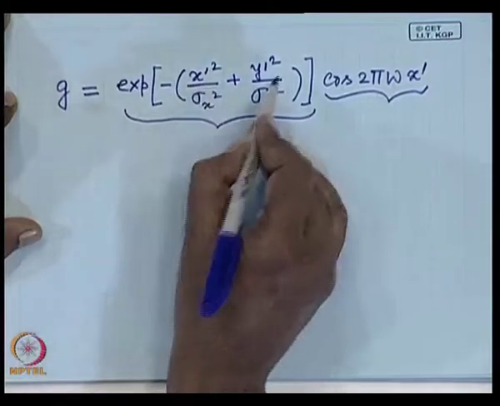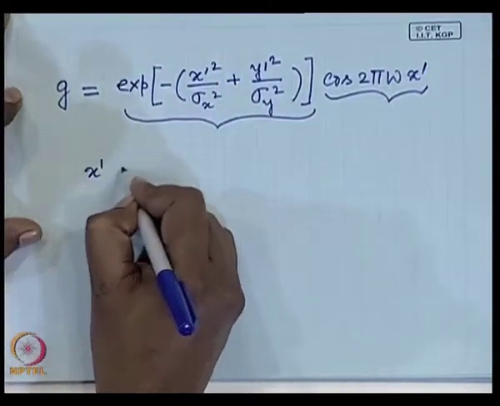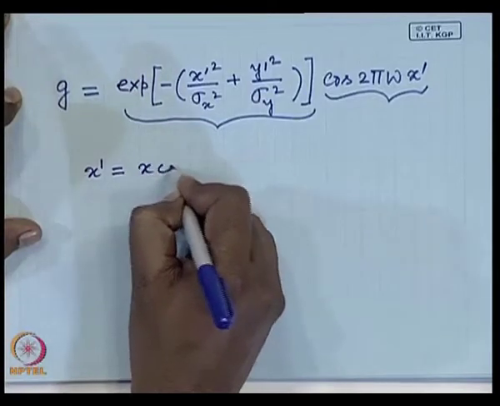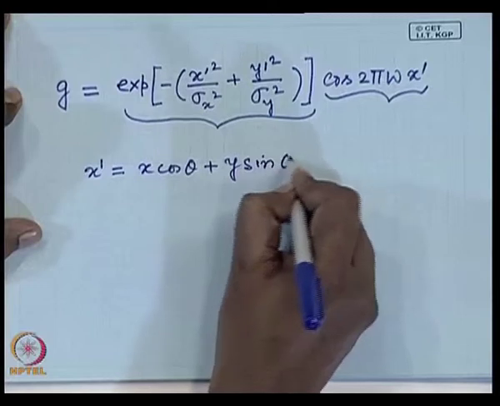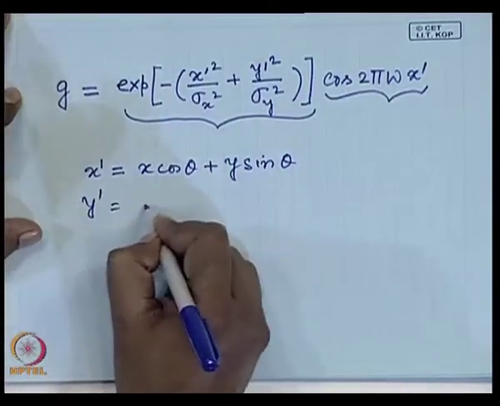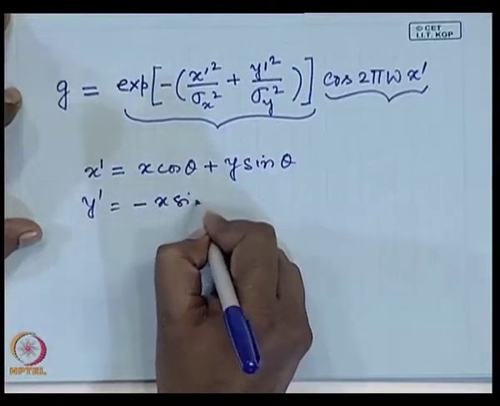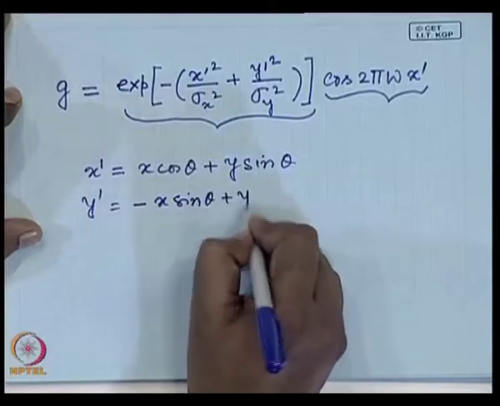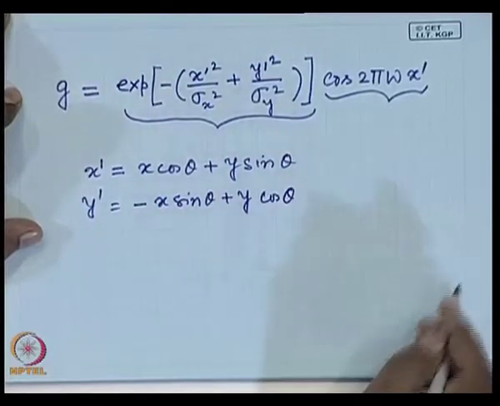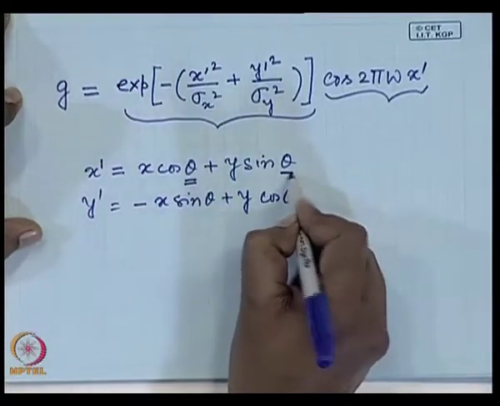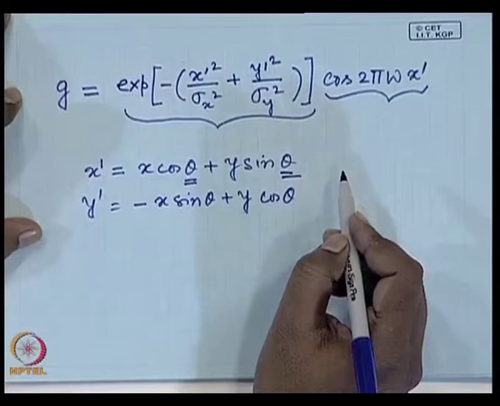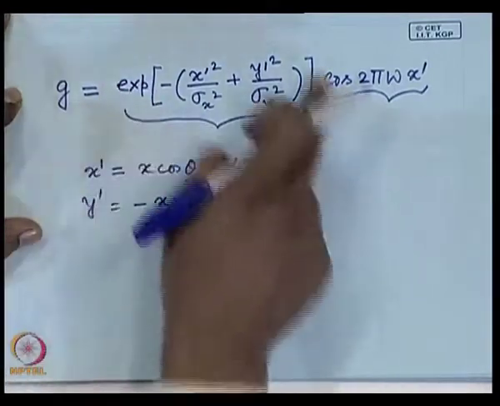And this x prime and y prime are given by x prime equals x cosine theta plus y sin theta, and y prime equals minus x sin theta plus y cosine theta. Okay. Where theta is the orientation of this Gaussian envelope.